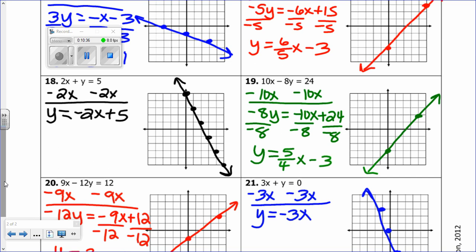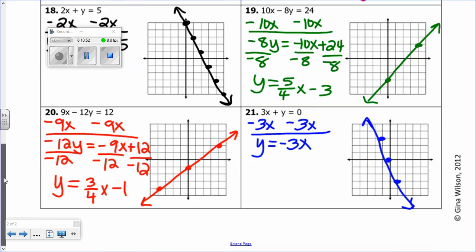Number 19, when we solve that, we end up with an equation of y is equal to 5/4 x minus 3. So start your y-intercept at negative 3, and then do a slope up 5, right 4. And then for number 20, your equation solves to y is equal to 3/4 x minus 1.